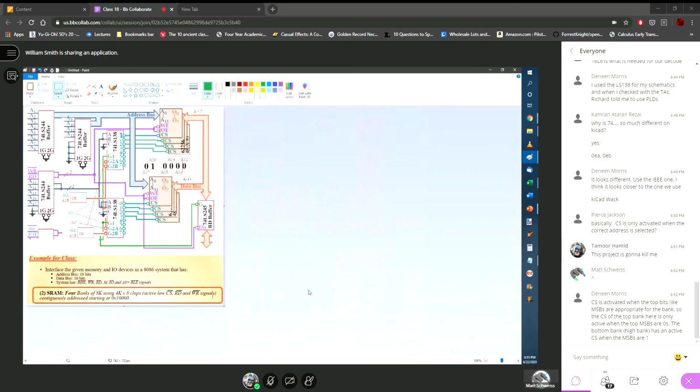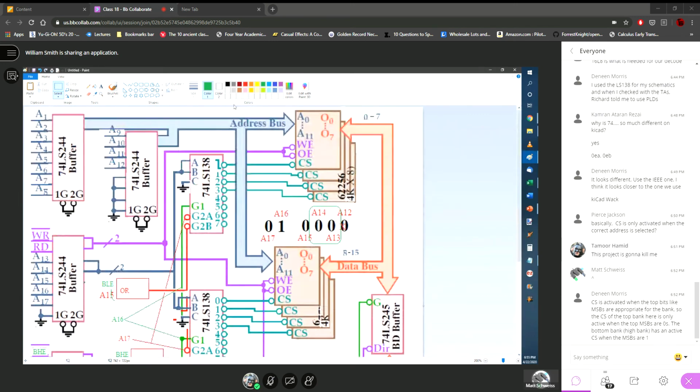So first off, we're turning on at 10000 hex. Yes. And we are using pin 13, sorry, up to pin 14 for the indexing.